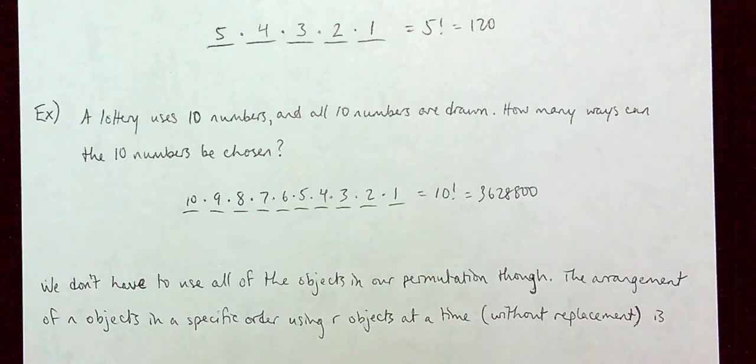For most lotteries out there, like the Mega Millions, the Powerball, there are a lot more numbers that we use, but we also don't care about the order that they are picked in. We just care that we have all the numbers on our ticket as ones that were chosen.